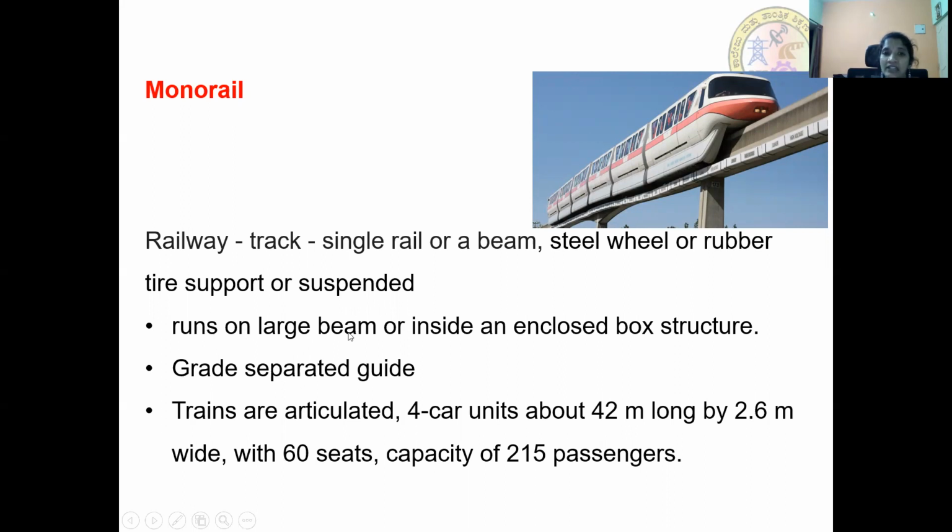It runs on a large beam or inside an enclosed box structure. It's a grade separated guideway. The trains are articulated, 4-car units about 42 meters long by 2.6 meters wide, with a seat capacity of 60 seats and a capacity of 250 passengers.